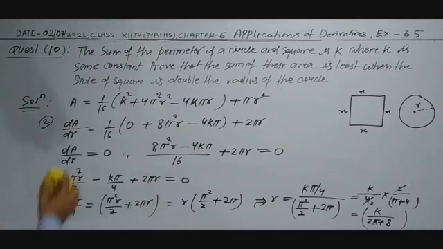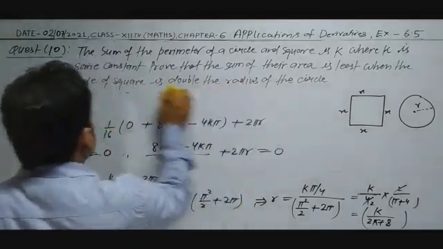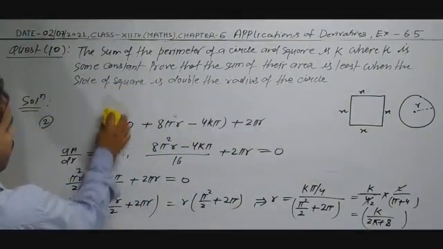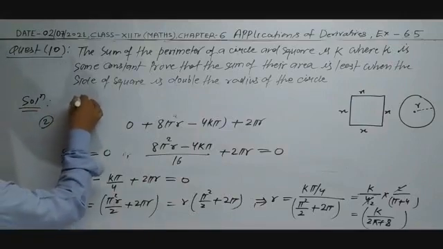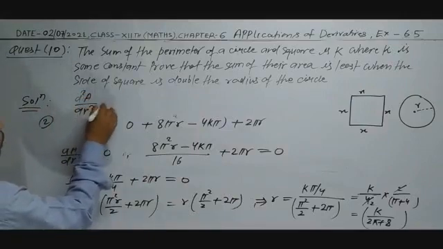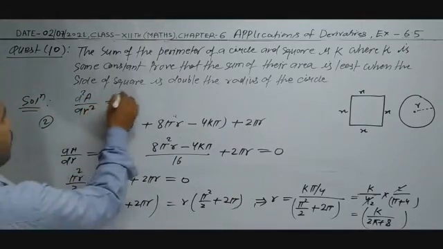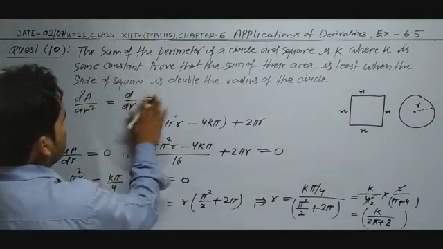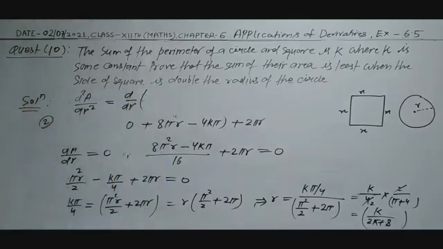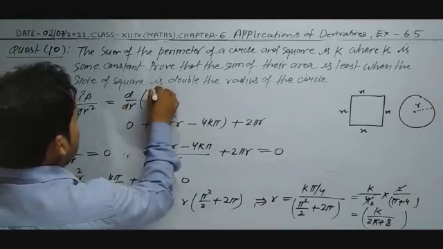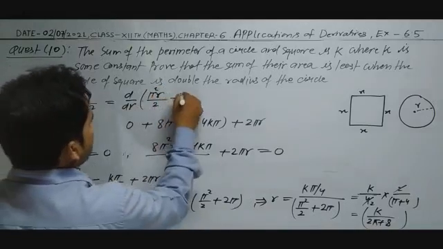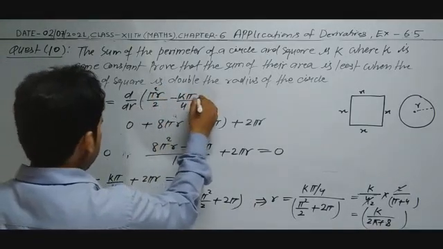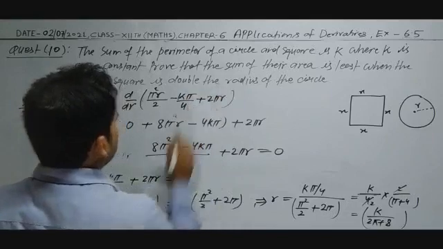Now again you have to find the second derivative of this function. So second derivative d2A upon dr2 is equal to d by dr of dA by dr. That result is pi square r by 2 minus k pi by 4 plus 2 pi r.